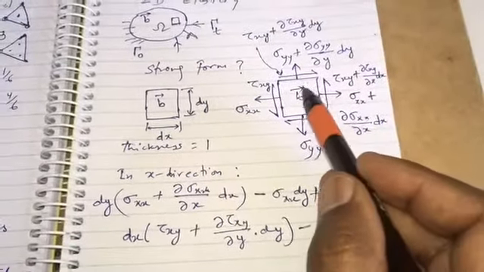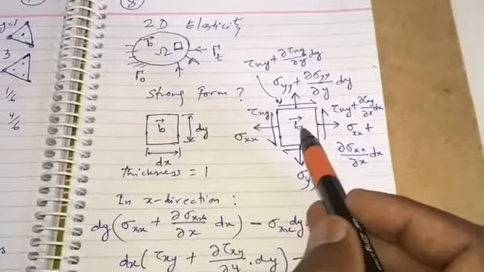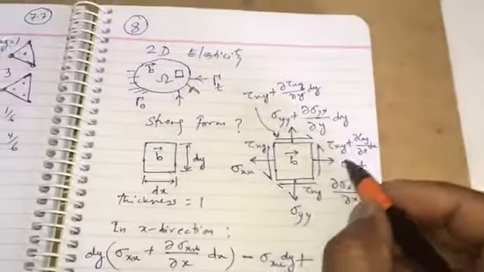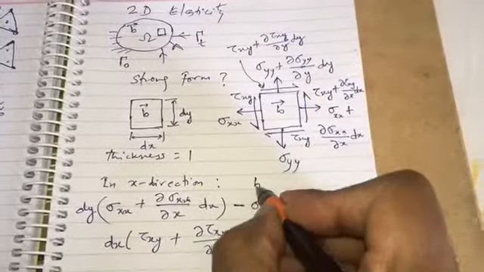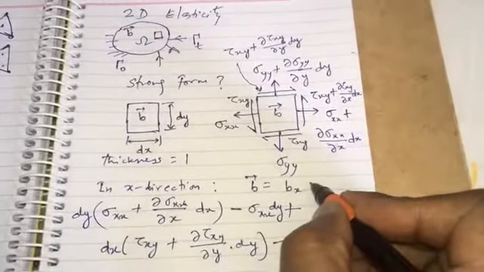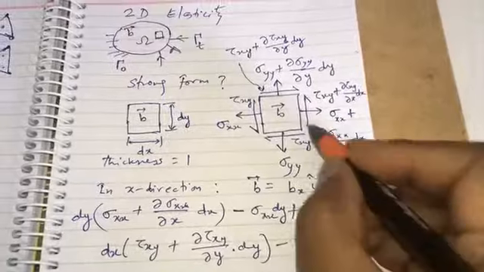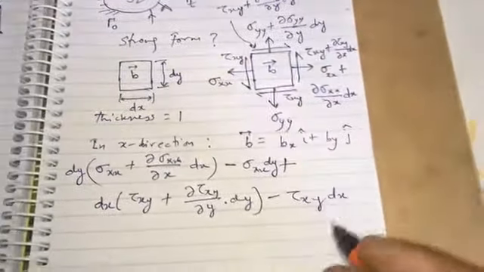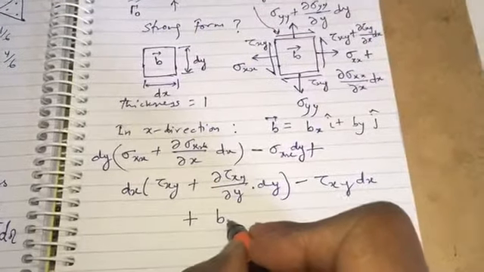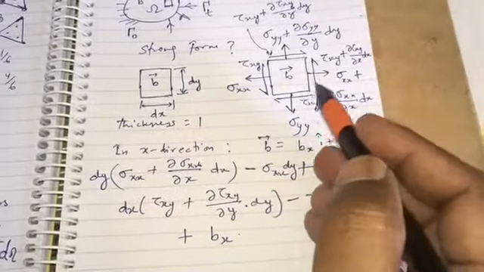Okay, now b has two parts, so let's write b is equal to two things, bx in x direction and by in y direction. In that case, we have to write plus bx, that's a body force in x direction, multiplied by total volume.